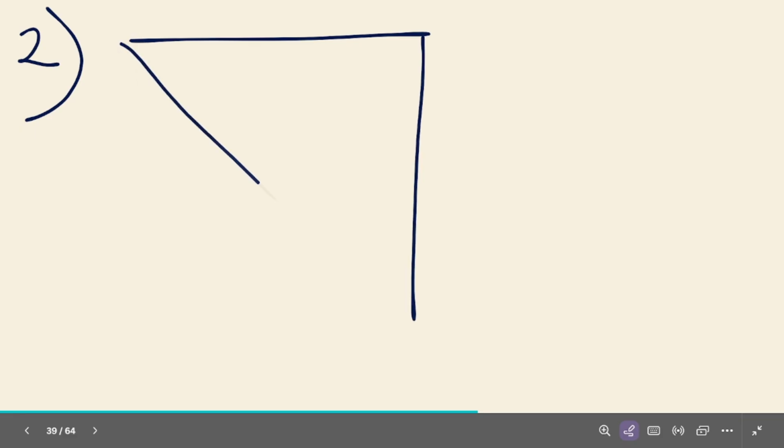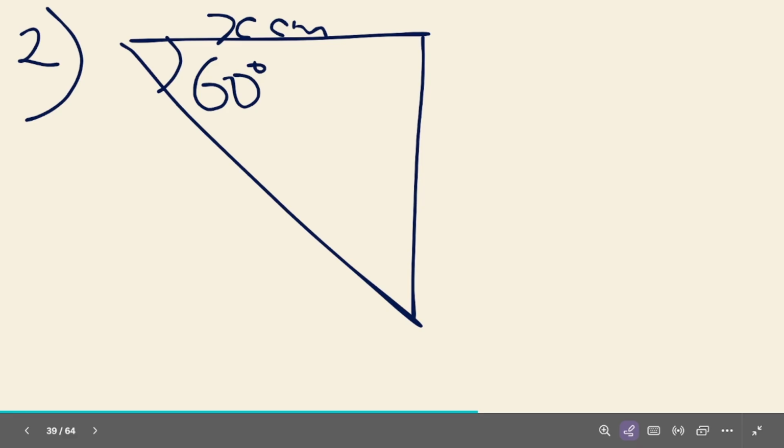Question 2. So let me withdraw. We have this, and we have this. This is x centimeter. This is 60 degree. This is 20 centimeter, and this is right angle.